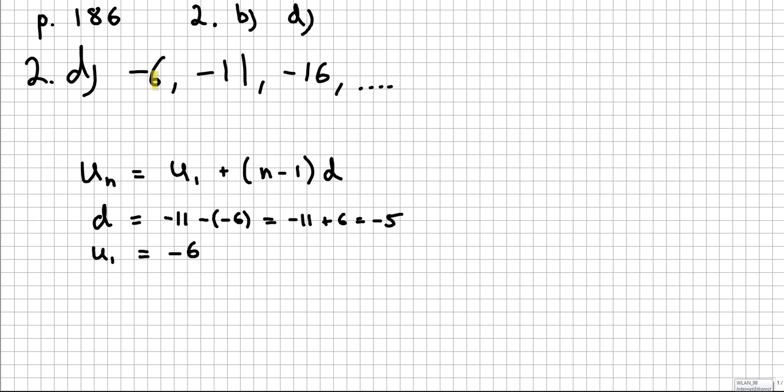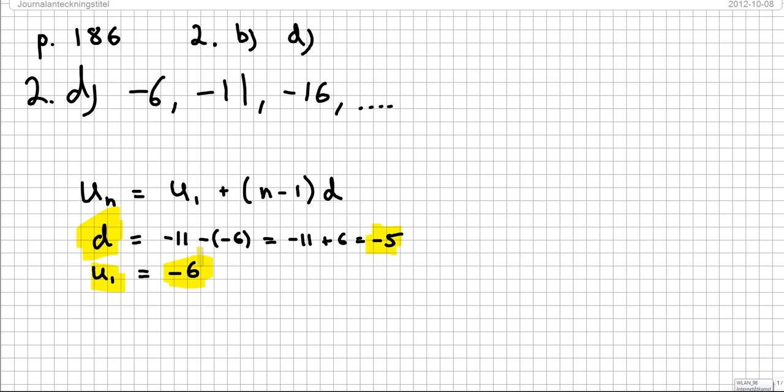Now we have d, which is minus 5, and we have U1, which is minus 6. So let's use this in this formula. They would like to know the 12th term.